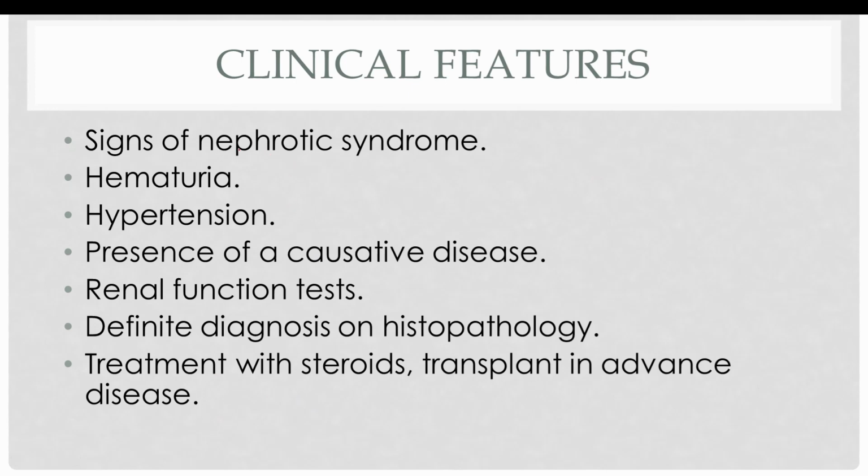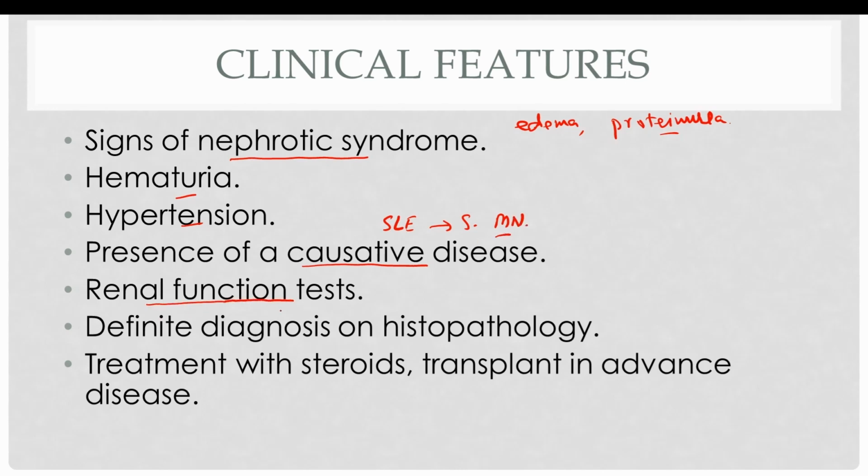Membranous nephropathy typically presents with the signs of nephrotic syndrome, which include edema, swelling, proteinuria greater than 3.5 grams per day, and hyperlipidemia. There might be bleeding disorders and presence of infections. In some cases, there is hematuria and hypertension. A causative disease such as any autoimmune disease or SLE might be present in case of secondary membranous nephropathy.